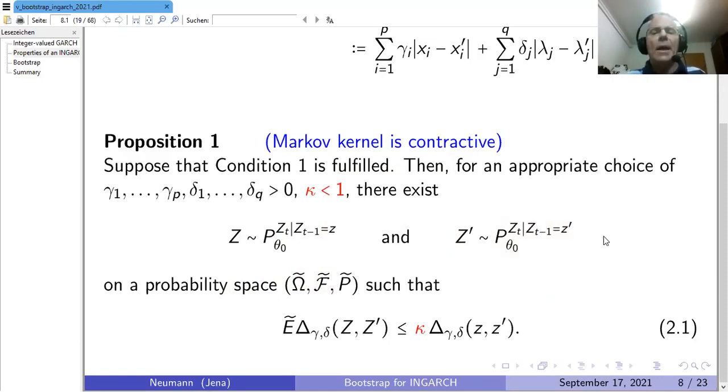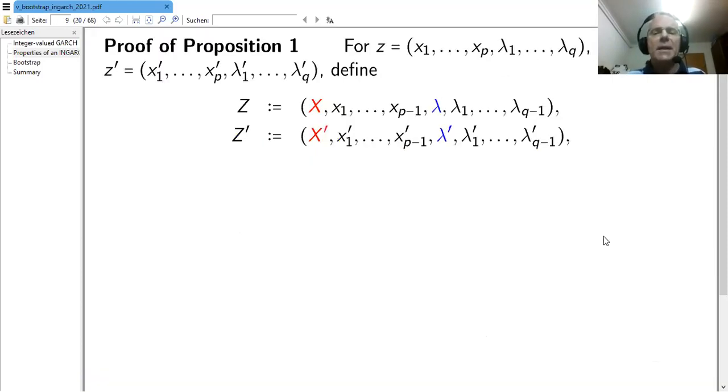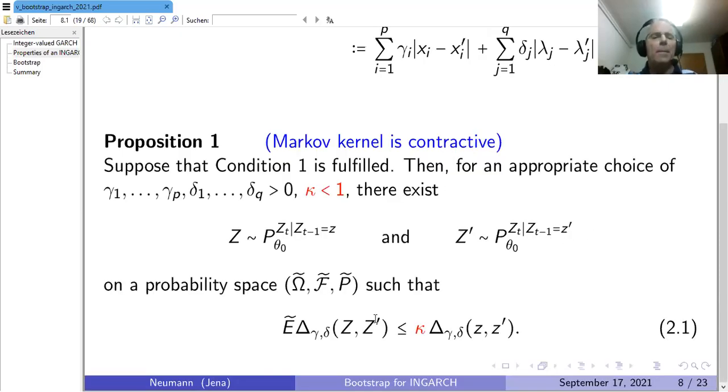Okay, we can define random variables C and C prime in such a way that the expected difference between C and C prime is less than or equal to this constant kappa, which was strictly less than 1, times the distance of c and c prime.